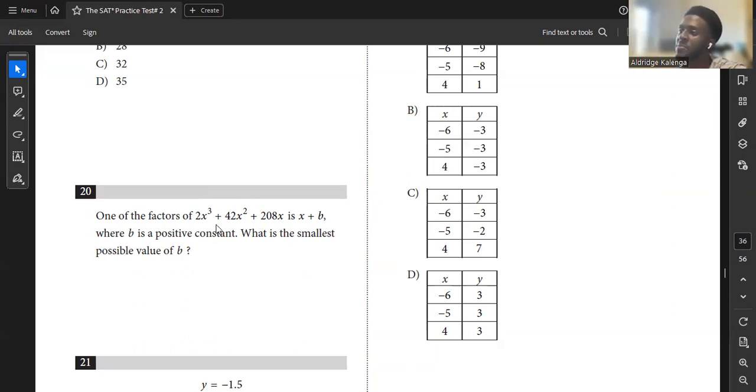All right, what is the smallest value of b, guys? Okay, Cosmos has given us an answer. Anyone else?